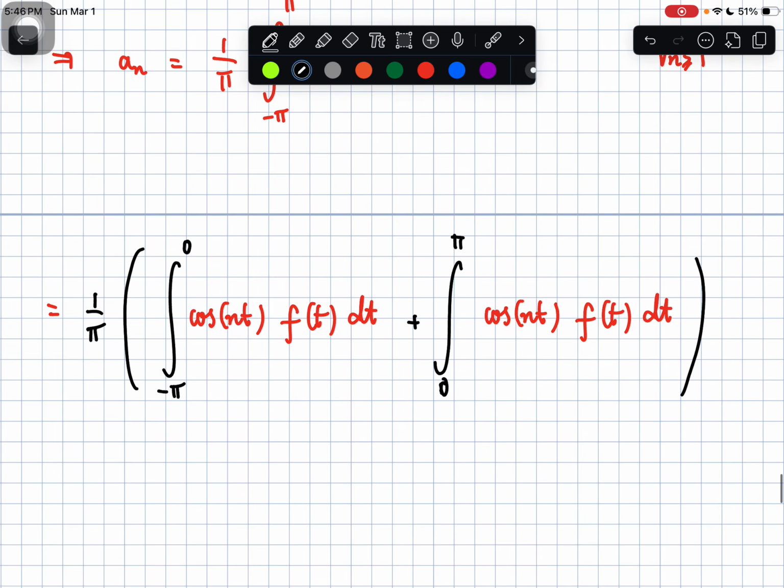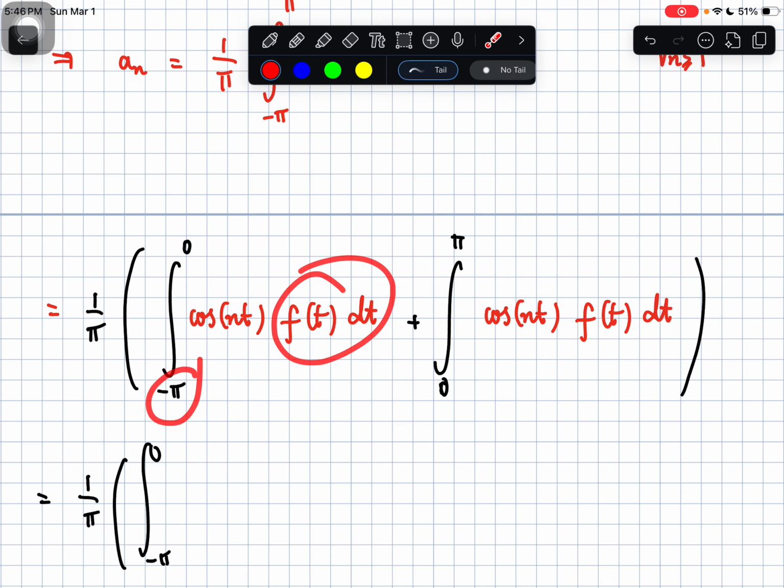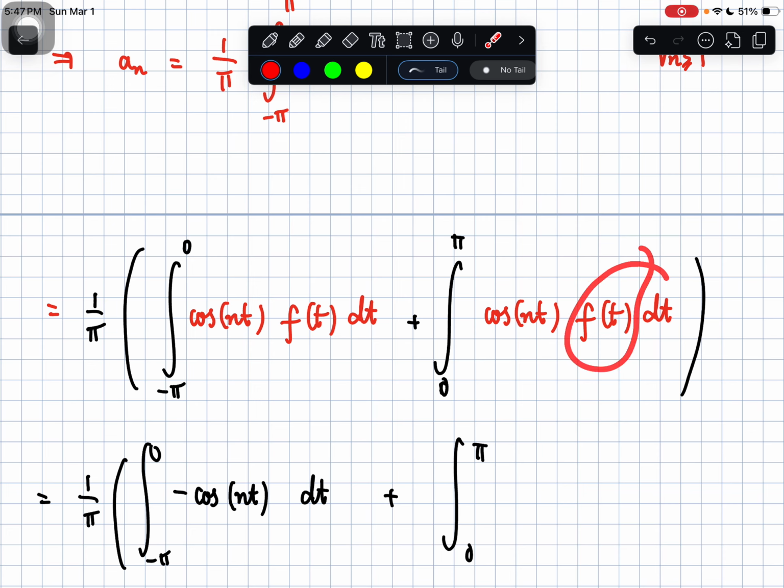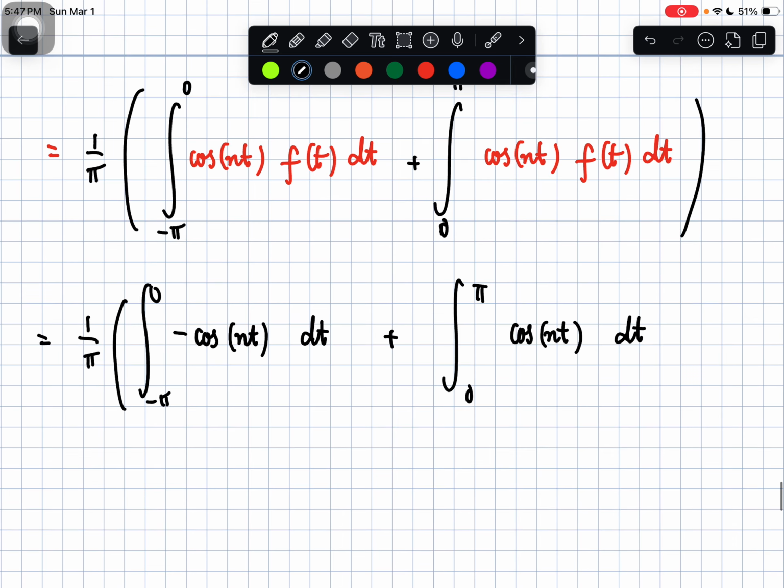Now 1 over pi times the integral from minus pi to 0, where f(t) for t between minus pi and 0 is minus 1, so minus 1 times cosine nt dt, plus the integral from 0 to pi, where f is 1, so you have cosine nt dt for t from 0 to pi.